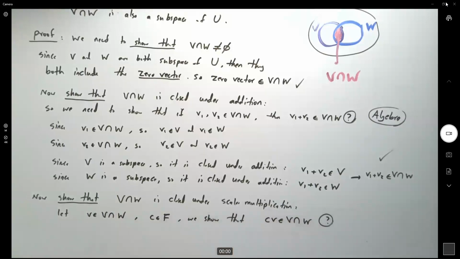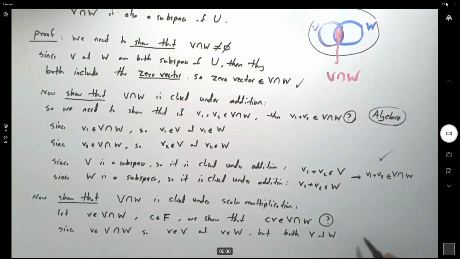Okay, perfect. As usual, since V belongs to the intersection, V belongs to the first subspace and V belongs to the second subspace, but both V and W are closed under scalar multiplication.